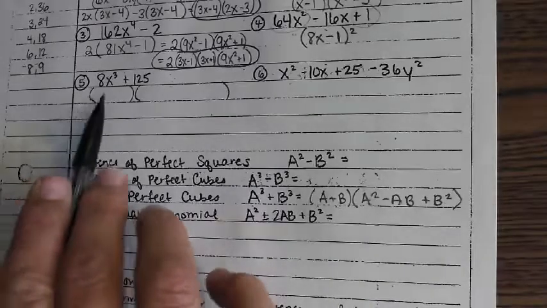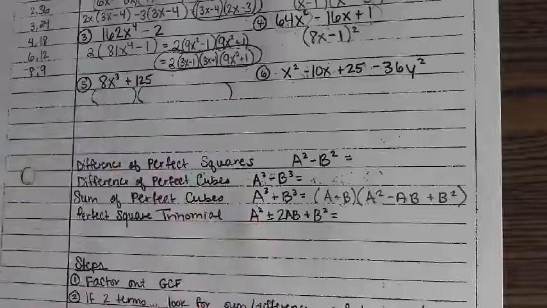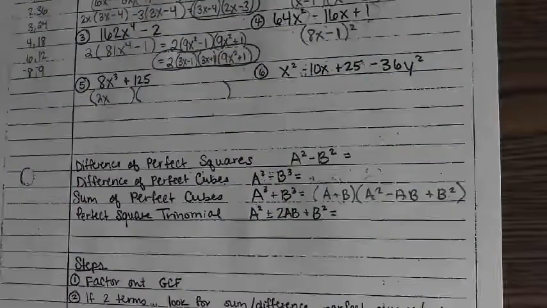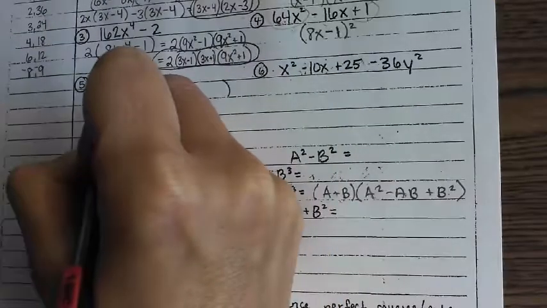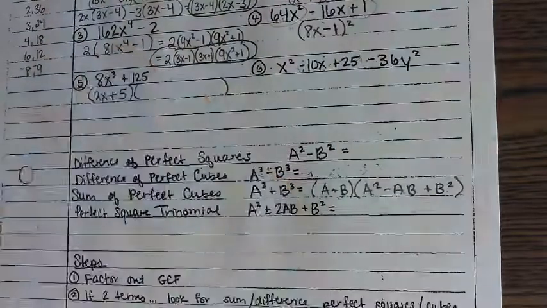So in this particular one up here, what is the cubed root of 8x cubed, Nate? 2x and 125. Keep going. 5. And what sign? Plus. Same.